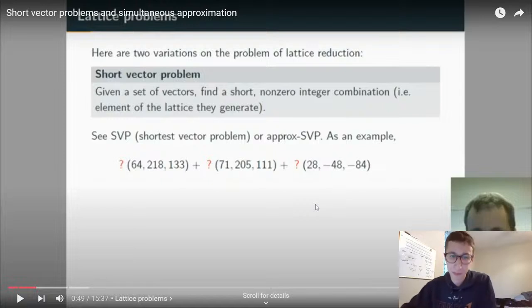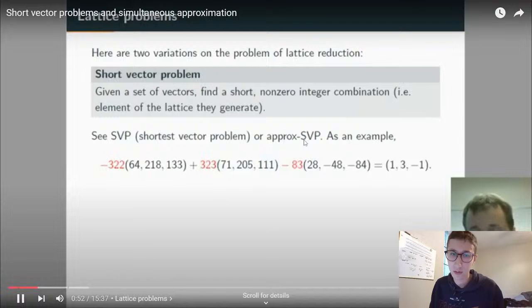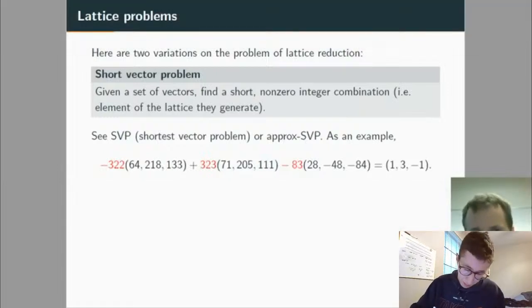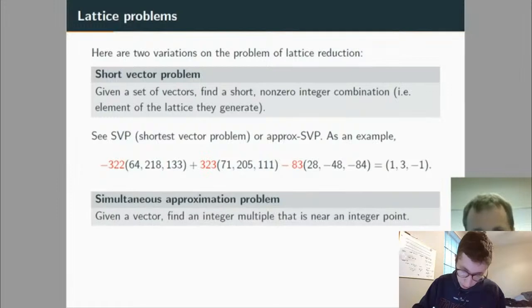Let's say x1 is 1, and x2 is... no, actually. In at least the L2 norm, the shortest vector, or a shortest vector, is 1, 3, -1, and those are the integers that you would need to get it.